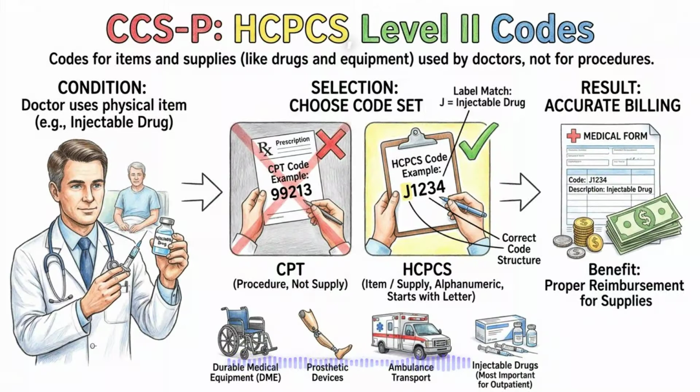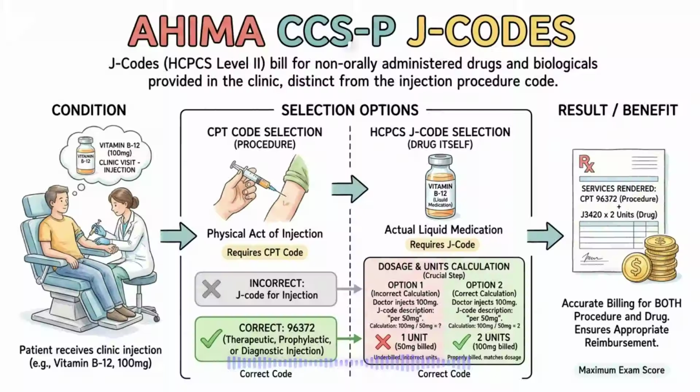These codes represent durable medical equipment, prosthetic devices, ambulance transport, and most importantly for the outpatient setting, injectable drugs. The J codes within the HCPCS manual are highly tested on the certification exam because they are used to bill for medications administered directly in the clinic.